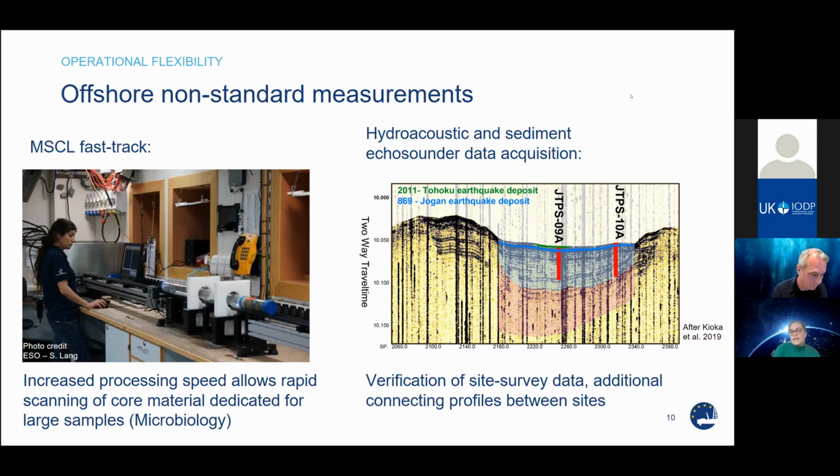And if we sail on a research vessel, for example on the Kaimei for the Japan Trench expedition, we can use the hydroacoustic and sediment echo sounder equipment on board to use the time between sites, or when the giant piston core has to be reloaded, to verify the site survey data and get additional connecting profiles between sites.